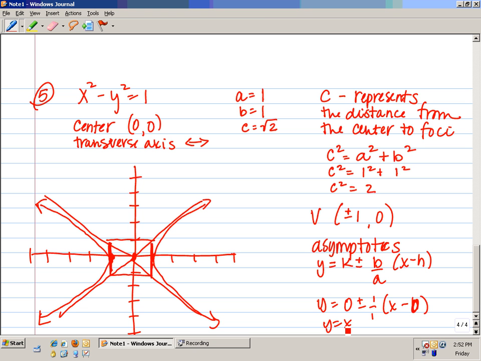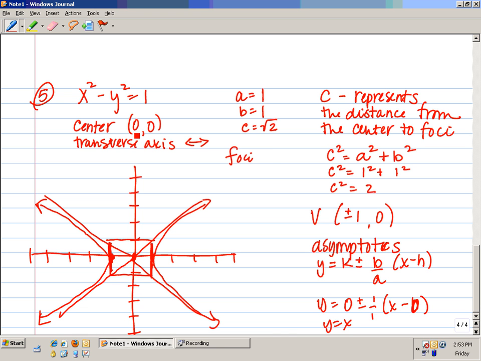Oh, and then the last piece, the foci. Because we're moving along the x-axis, that means we're going to have a change in the x-coordinate.